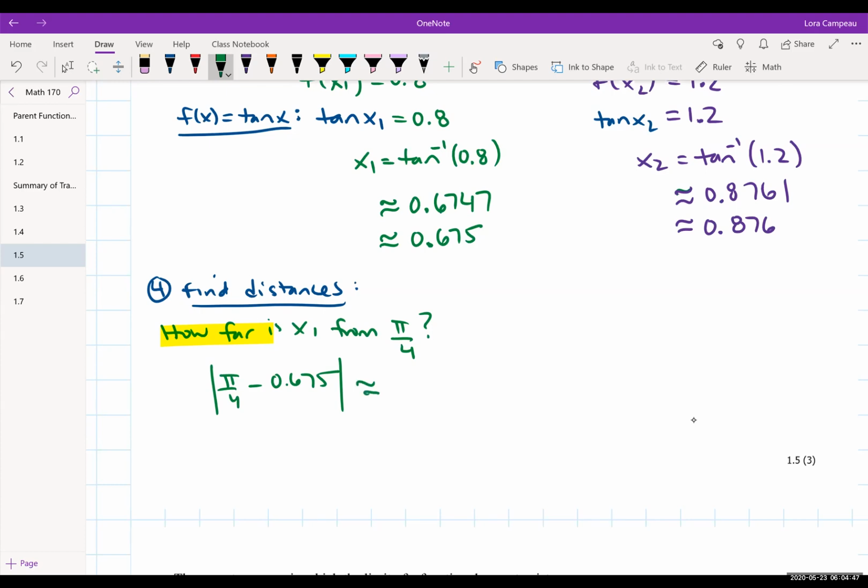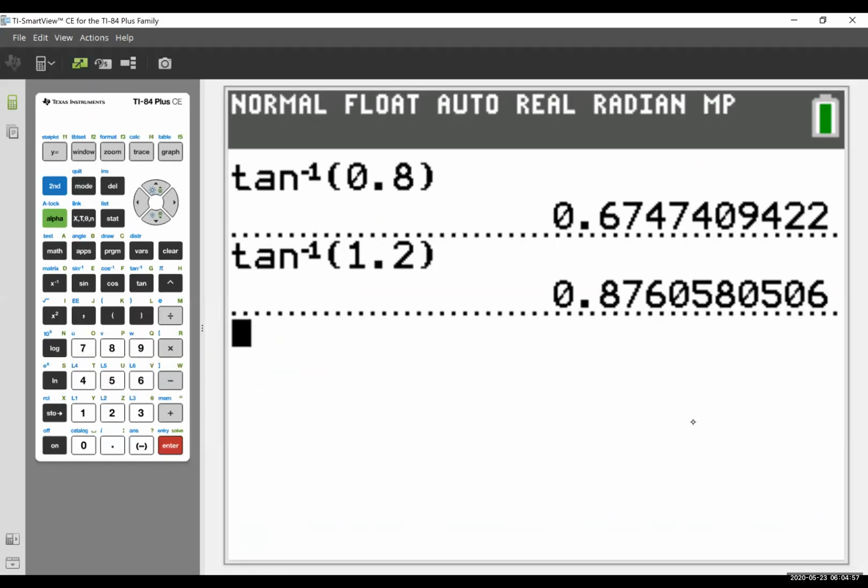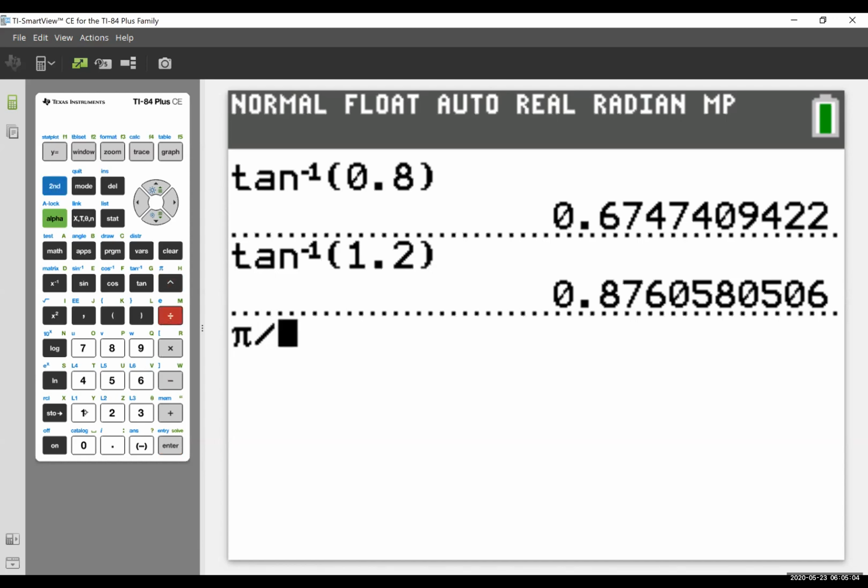So if I want to find that distance, I'm going to go into my TI. And I already know, since the pi over 4 is larger, I don't have to use the absolute value bars, or I can ignore them once I do get the value. The distances are only supposed to be positive.